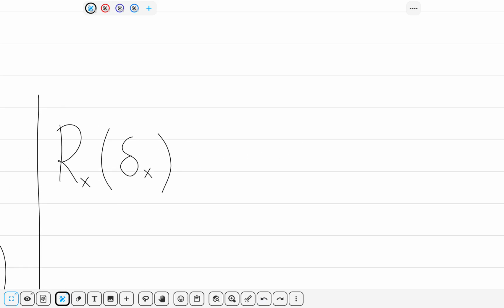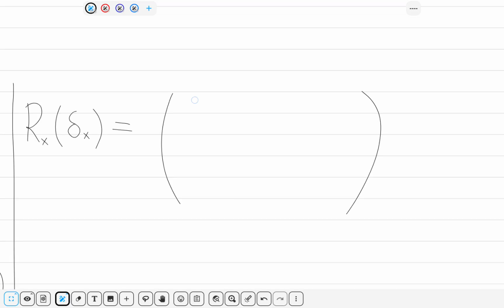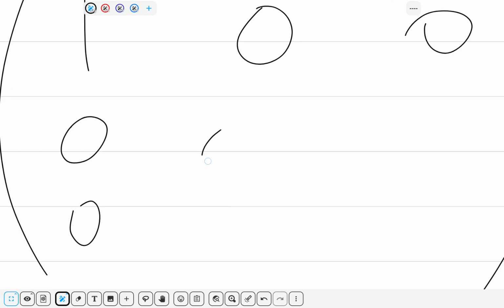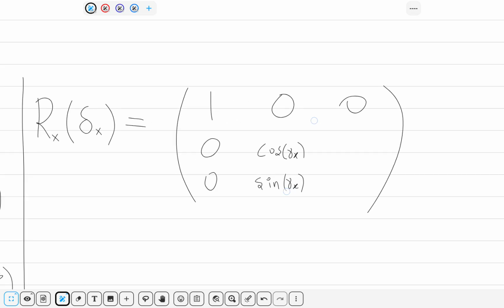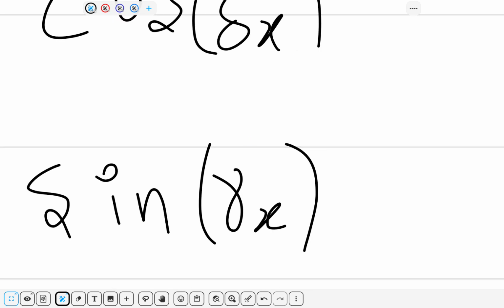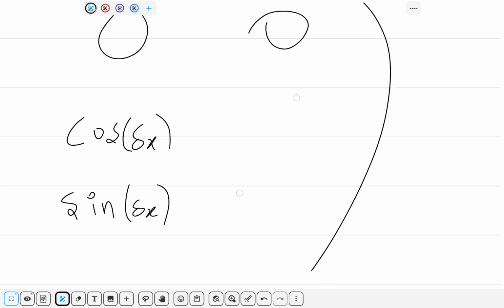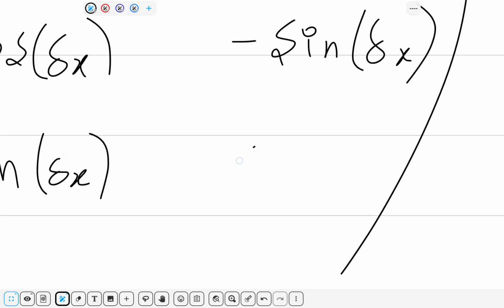So this will be something like this: 1 0 0, 0 cos of that small angle delta x, sine of that small angle delta x, then minus sine of delta x, cos of delta x.